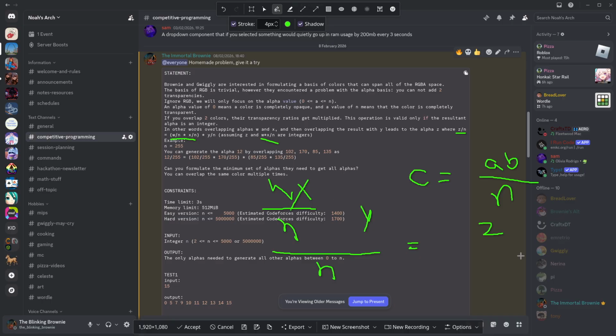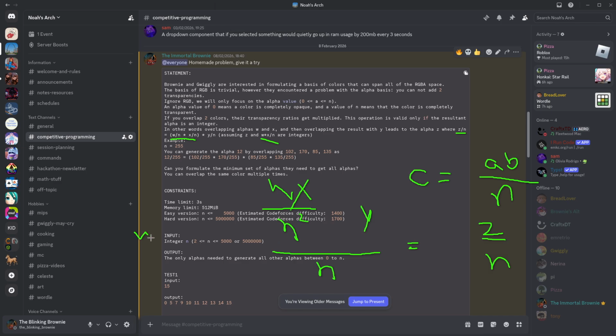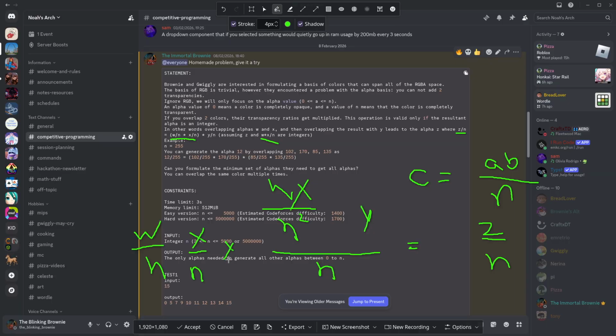Since it's z over n, you can imagine there's another n somewhere here, so it's w over n, x over n, y over n. The transparency ratios got multiplied here to result in z over n, which is the final transparency ratio for z.